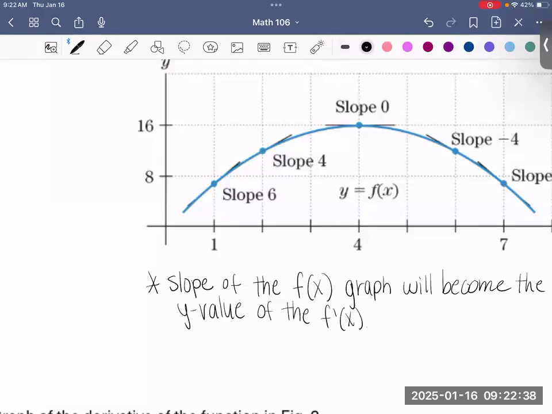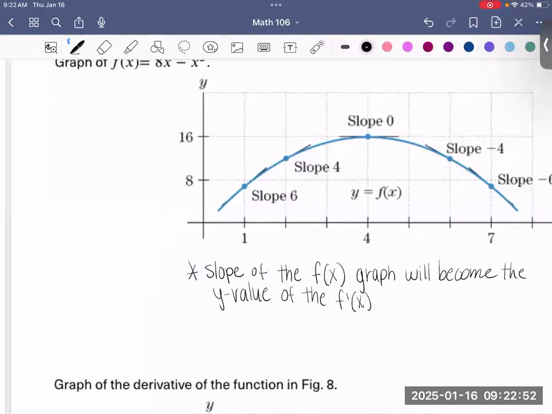And that should make sense in a roundabout way because your first derivative talks all about your slope. So your x value should remain the same. However, the slope is going to change. Your y value is going to change.